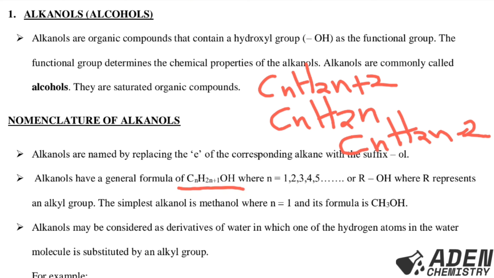What happened? Here, from the general formula for alkanes, CnH2n+2, where we have the number of hydrogen atoms, we have removed 1 hydrogen and replaced it with the hydroxyl group. So this hydroxyl group becomes the functional group for alkanols.